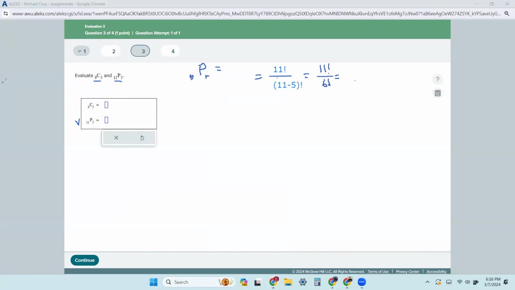All right. So up at the top, and I'm going to stop at the one down at the bottom because 11 minus 5 was a 6.